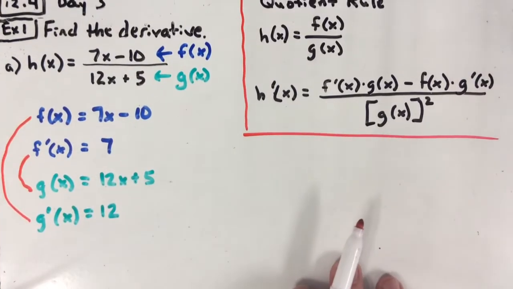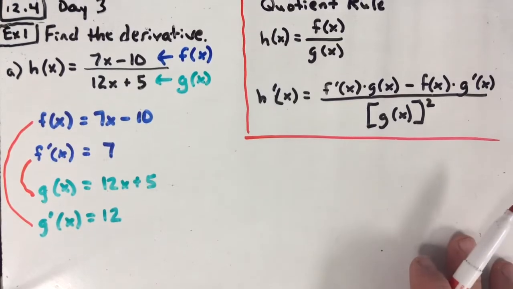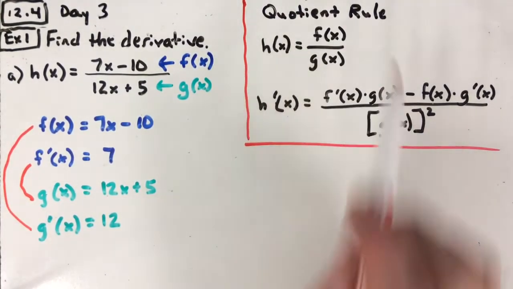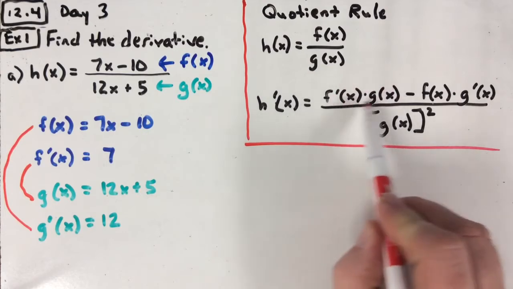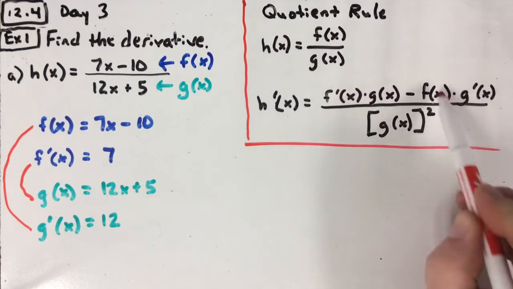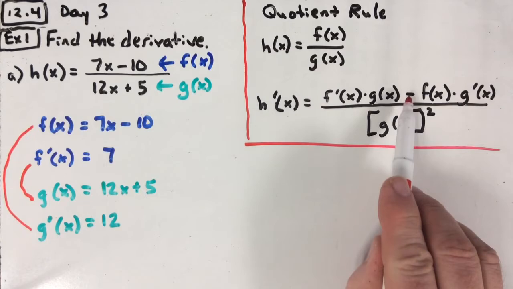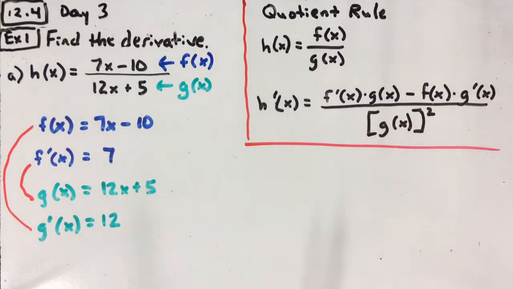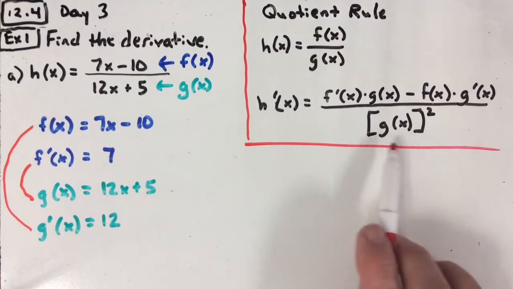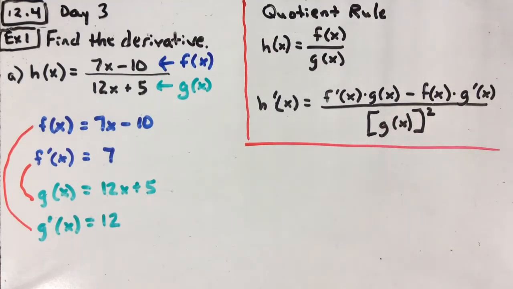So just like we did with our product rule, when we use the quotient rule, we're going to multiply the insides together, multiply the outsides together, but with the quotient rule, instead of addition, there's subtraction, and we have g squared on the bottom. Our function g of x, we're going to put that on the bottom part of the fraction and square that.